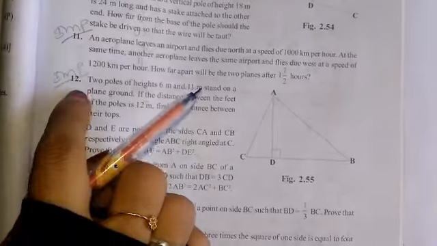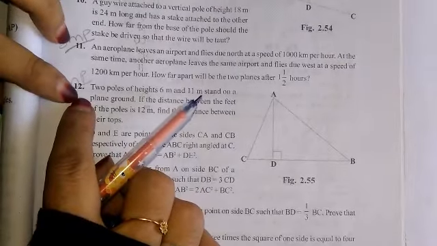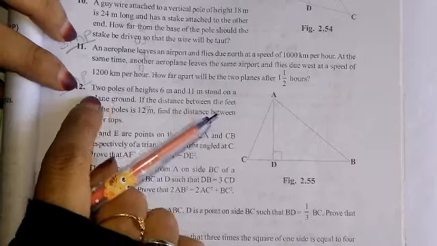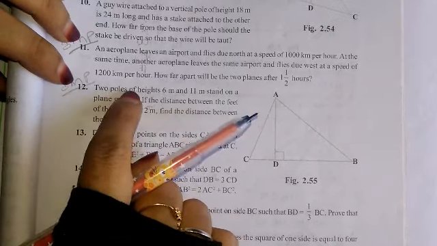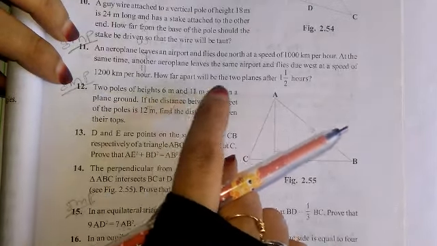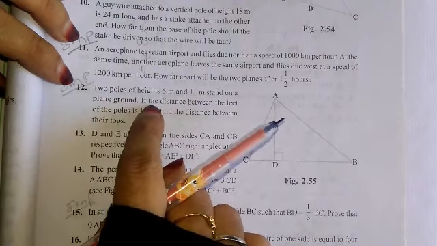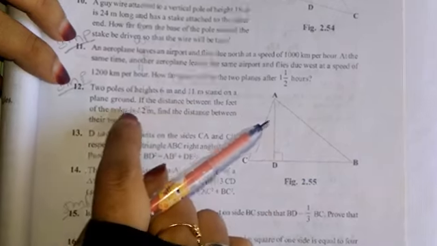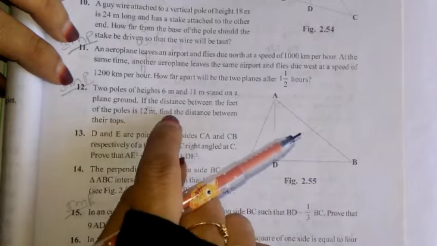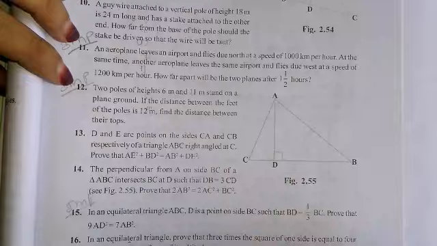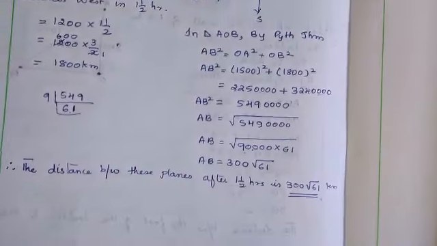Now question number 12. Even question number 12 is very important. So here let us see. Two poles of height 6 meter and 11 meter stand on the plain ground. If the distance between the feet of the poles is 12 meter, find the distance between their tops. Okay, let me see now.